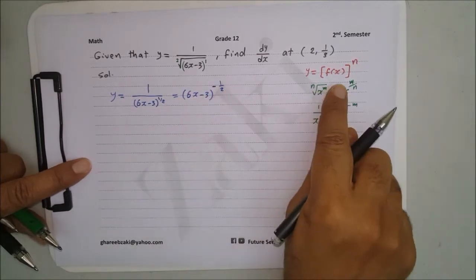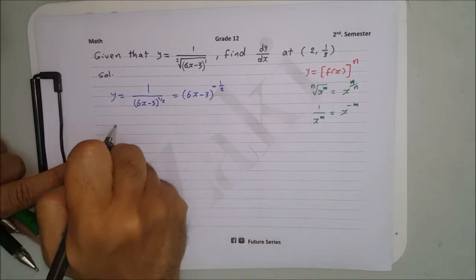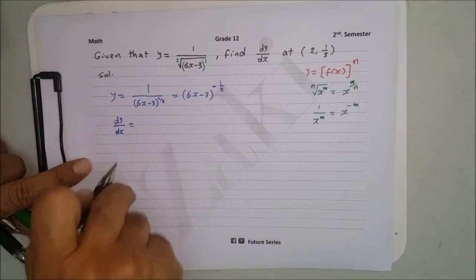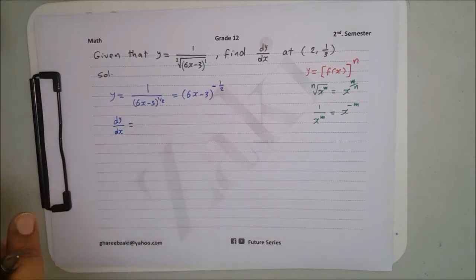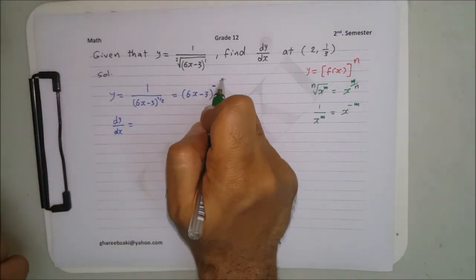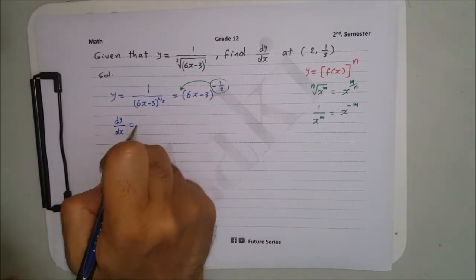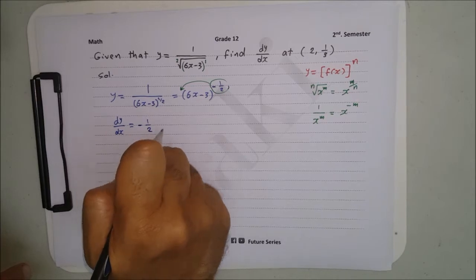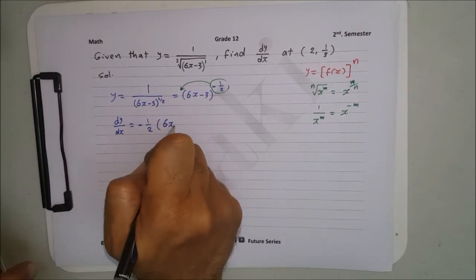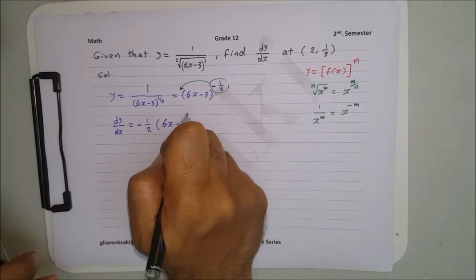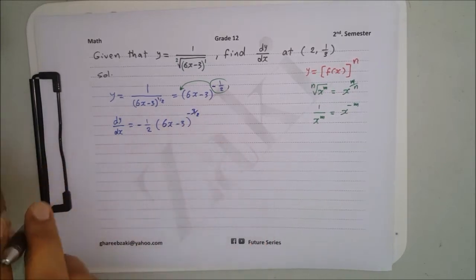Now we can apply the rule. So dy by dx equals, the power comes down, so it's negative half bracket 6x minus 3 to the power negative half minus 1, negative 1 and a half, negative 3 over 2.